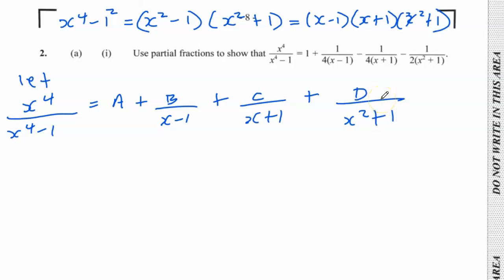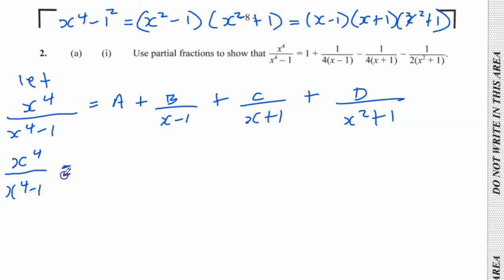So our job is to show that the value of a is 1, the value of b is a quarter, the value of c is also a quarter, and the value of d is a half. Right? But before we can do that, we need to make sure all of these have a common denominator. So we have x to the power of 4 over x to the power of 4 minus 1.